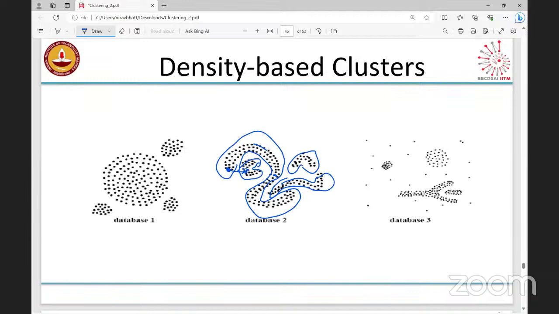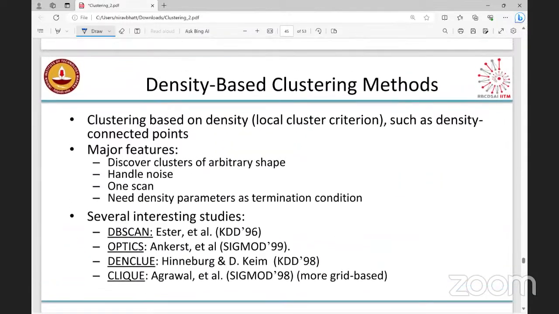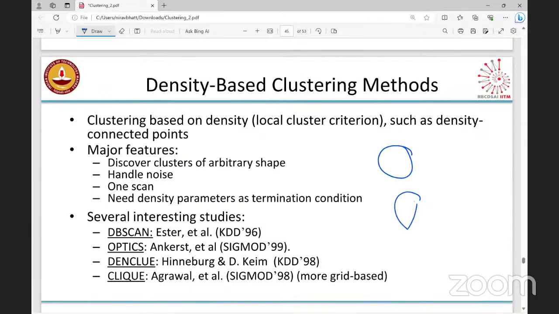And this is where the concept of connectivity and reachability comes into play, which is what the density-based clustering method is using. They can actually handle the noise. They can discover clusters of arbitrary shapes. Earlier, we were constraining ourselves to the sphere or at max ellipsoid.